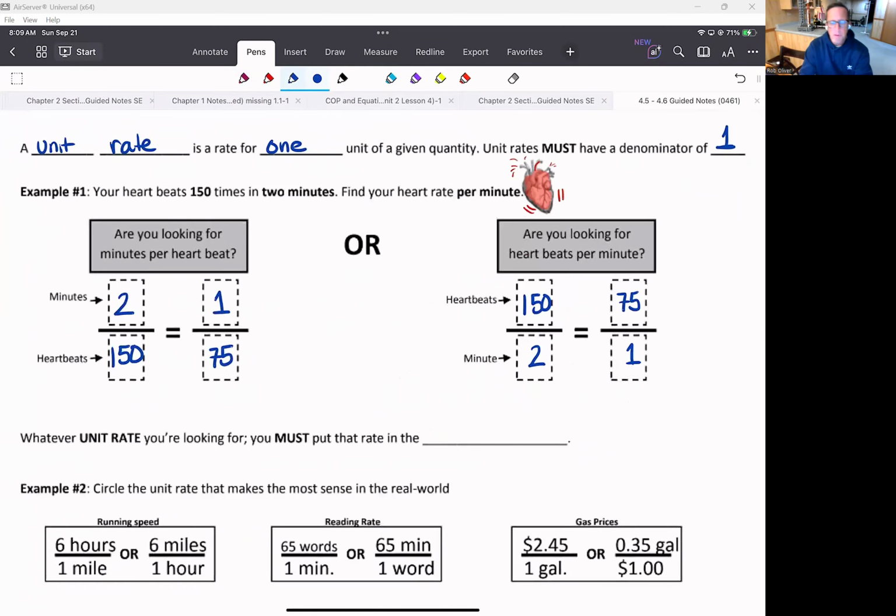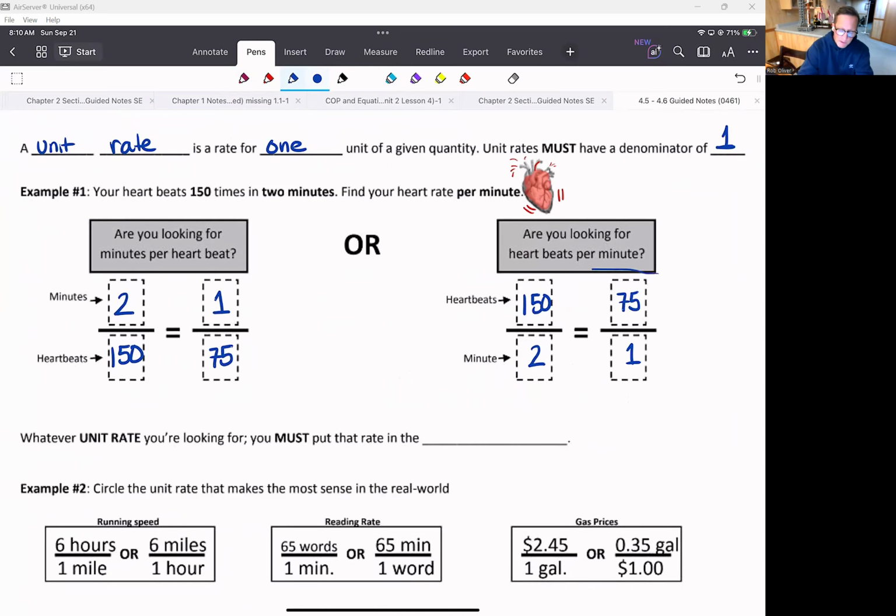So you can probably tell there are 2 ways you can always write a unit rate. One of those makes more sense, and it's probably the second one: your heart beats 75 times per minute.